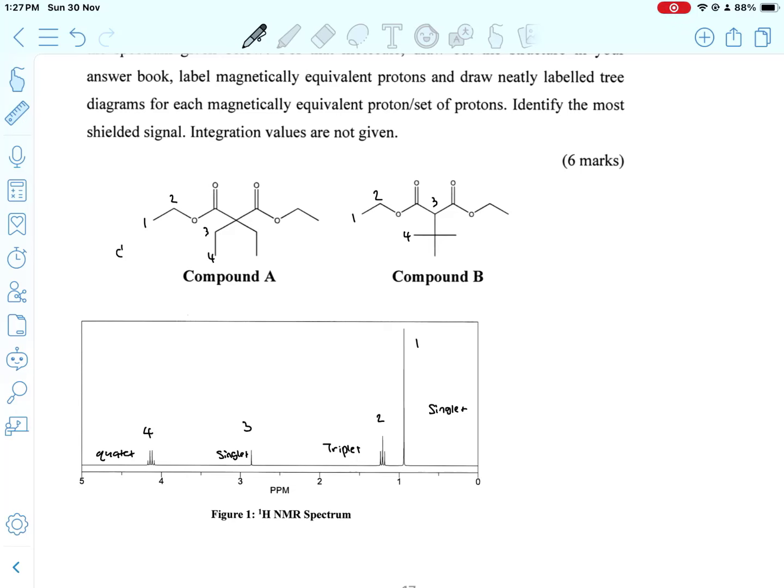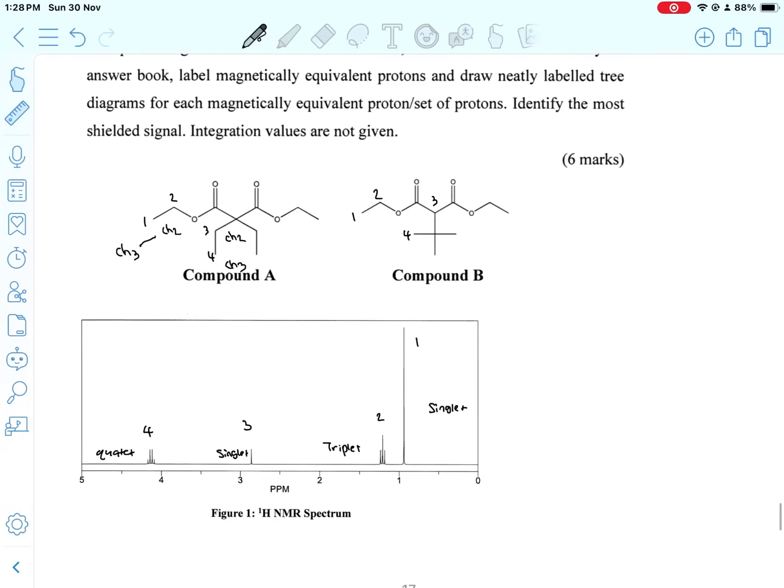The H at position 1 is CH3, and at position 2 is CH2, so these two will couple to each other. Position 3 is the CH2, and position 4 is the CH3, and these two will couple to each other. So compound A is definitely wrong, because there will be no singlet from it. To double check, we'll compare the singlet signal to compound B.